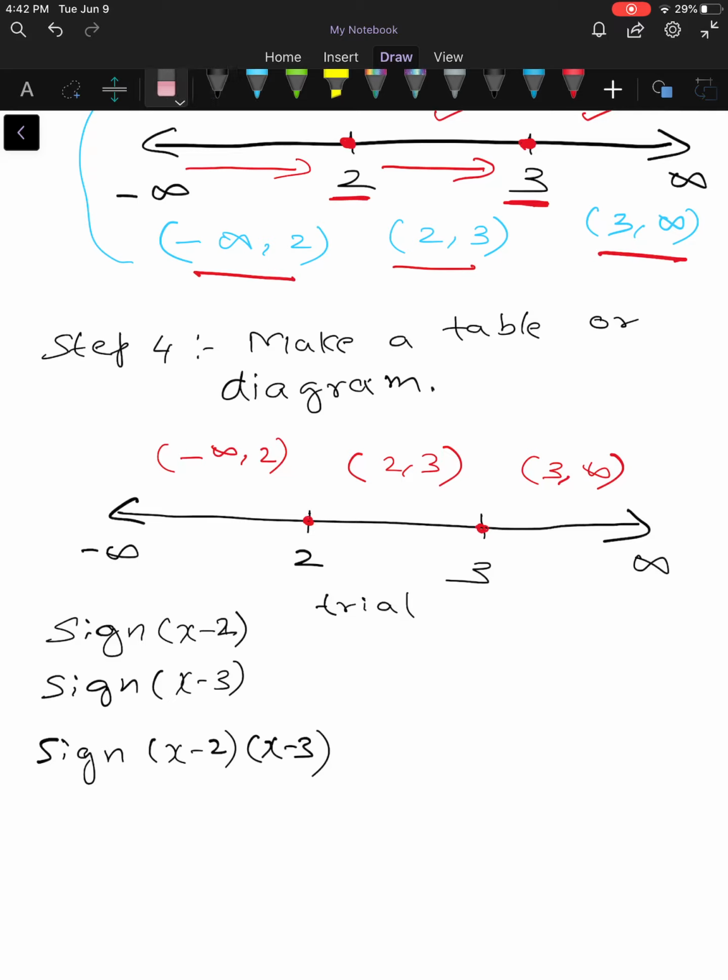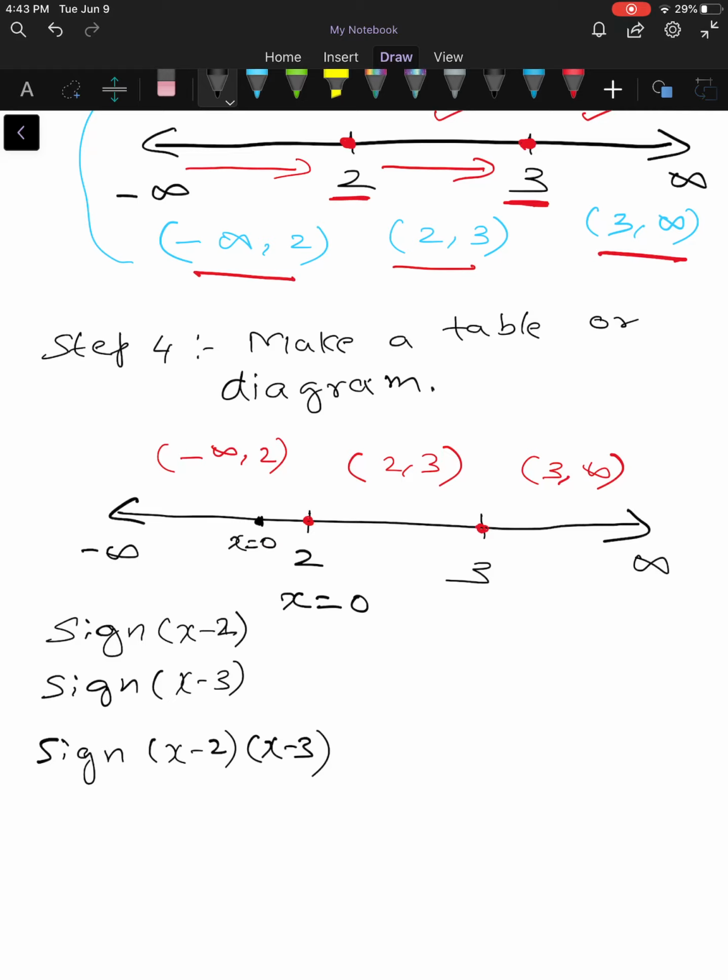For the first trial value, I will take the interval negative infinity comma 2. So I have 0 inside negative infinity comma 2. So I will take x equal to 0 here.